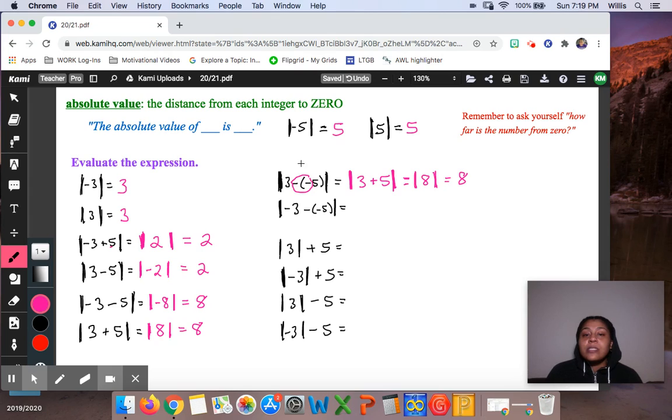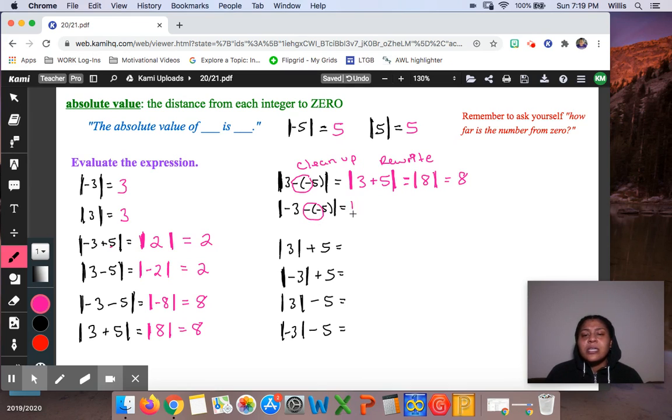So here we need to clean things up, okay? This is the clean up, and this is the rewrite. Okay, clean up and rewrite. Don't try to do this in your head. Now on the bottom one, we have the absolute value of -3 minus -5. So again, we have these 2 negative signs next to each other.